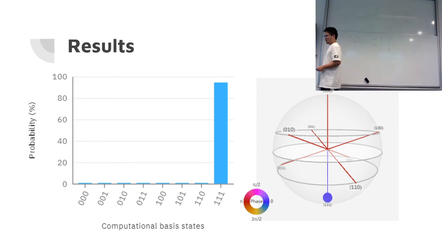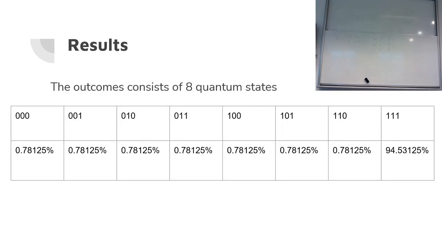And this result here, the actual result in numbers, is shown here. For all the other states except the 1-1-1 case, the probabilities are all 0.78125 percent.